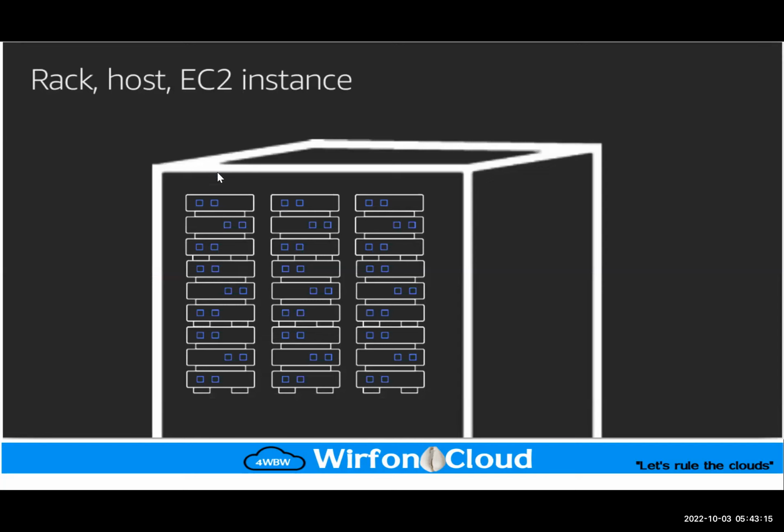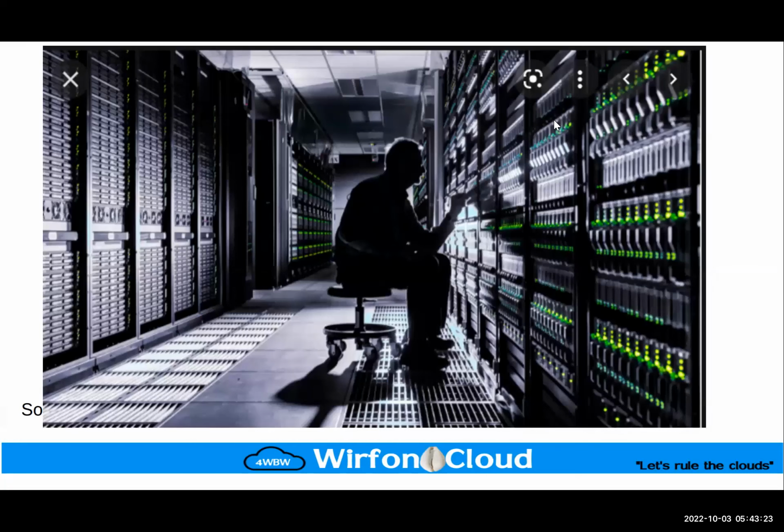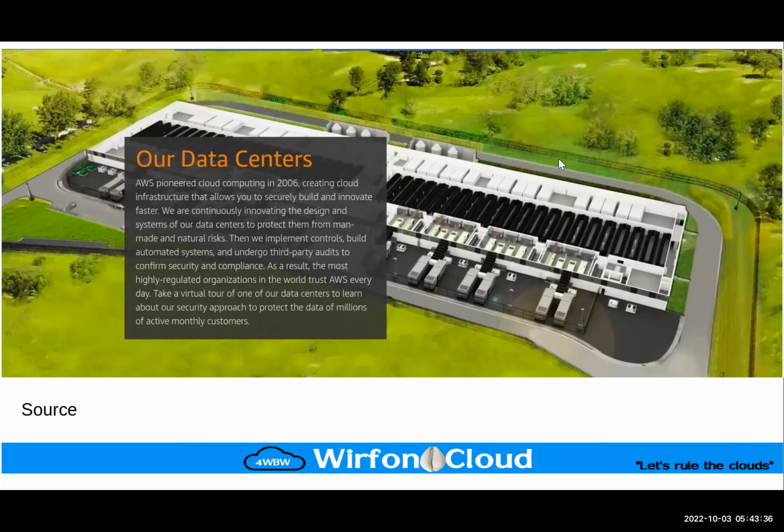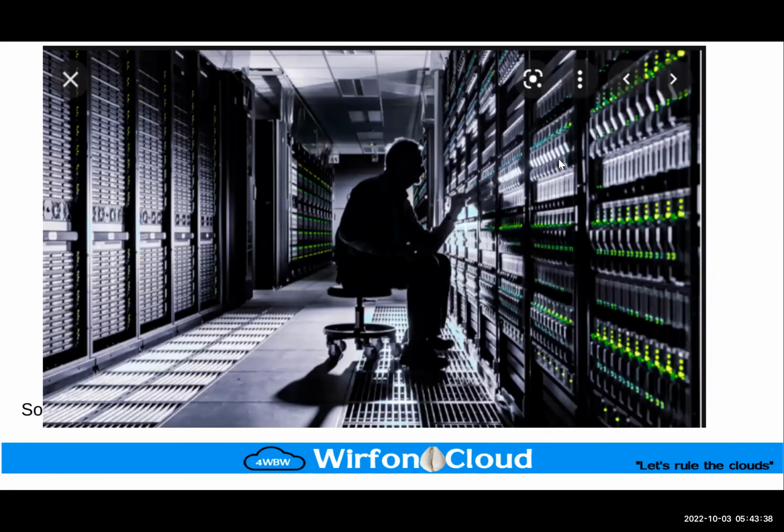So again, you have your host and you have your EC2 sitting here. This is really how a data center looks. You have so many racks of servers, where you have the infrastructure.